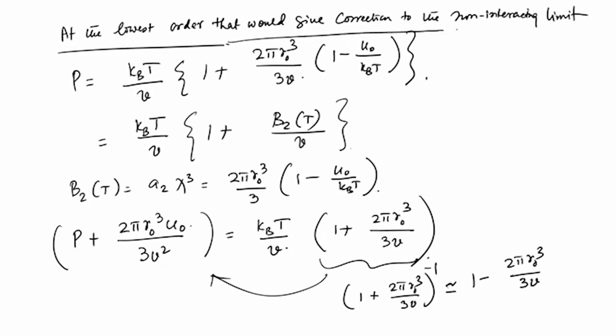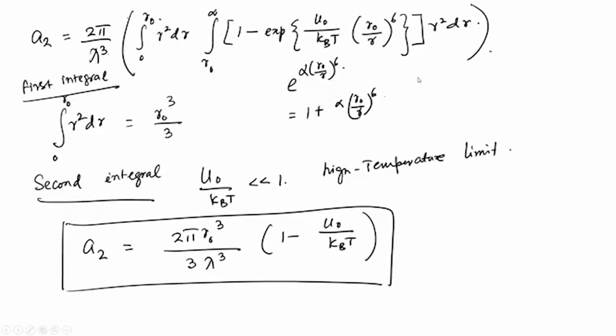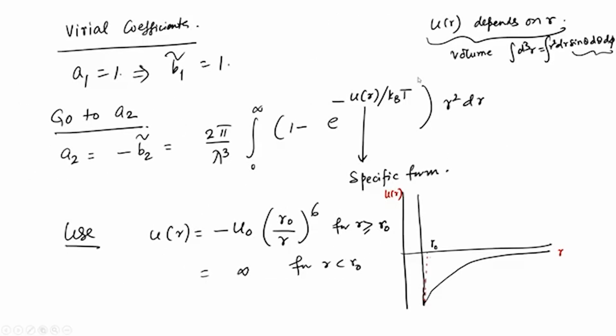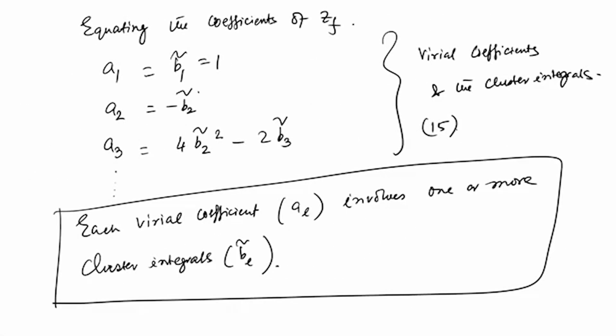Okay. And if you want further expansions, more correct expressions, then you have to calculate all these B3 and so on. So, A3 is in terms of B2 and B3 and so on. We calculate A3 and then we calculate A4 and so on.